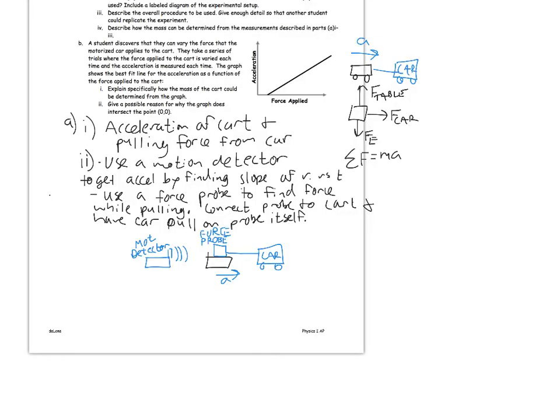Next question, we want to describe the overall procedure. We want to give enough detail so that another student could replicate this experiment. So what we're going to do, and this is basically how you would run a trial, we are going to start the motion detector, I'm just going to call it MD, and the force probe, FP, and turn the car on.